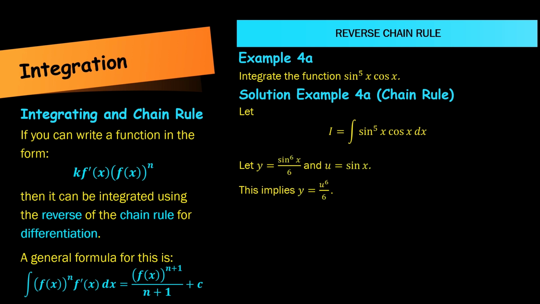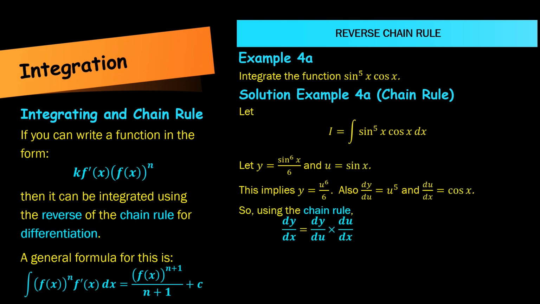And so dy/du equals u to the power 5 and du/dx equals cos x. Using the chain rule, as shown, gives us that dy/dx equals u to the power 5 times cos x. And this is equal to sin x to the power 5 times cos x.